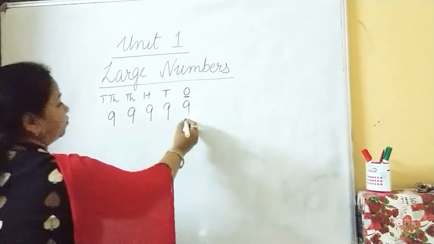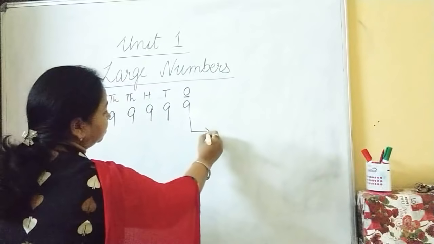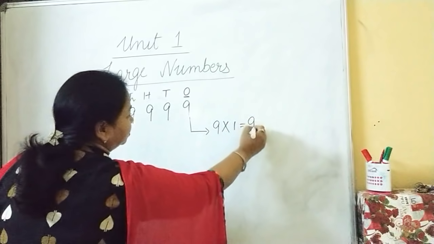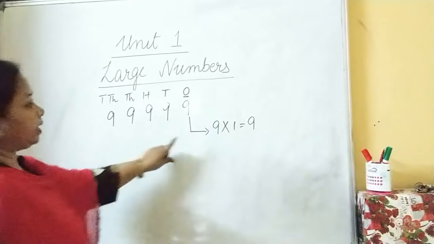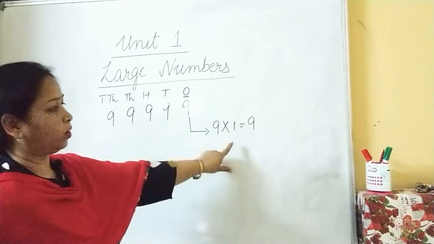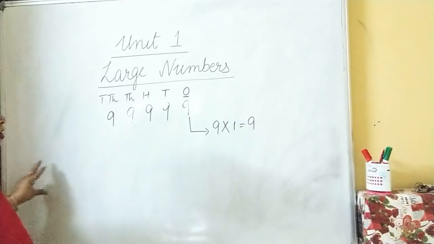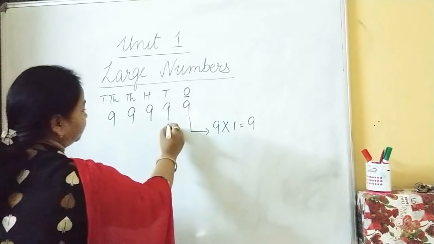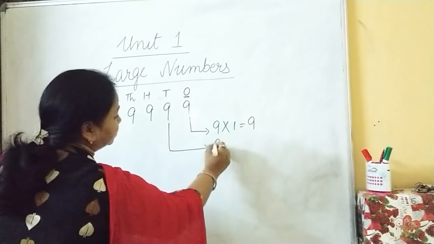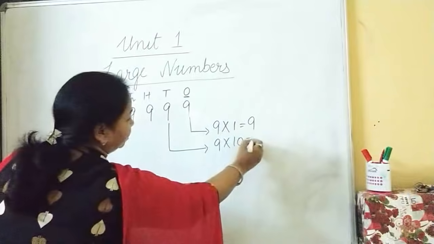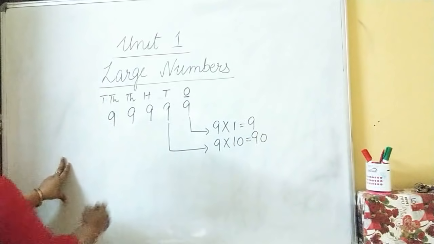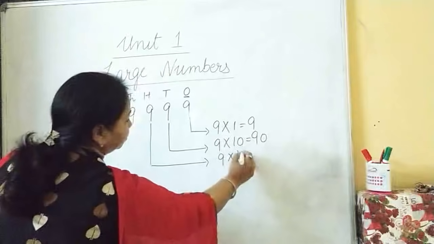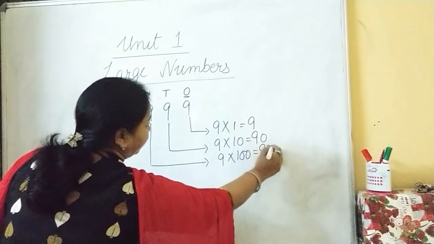So the value of 9 at the ones place will be 9 multiplied by 1, it is 9. As you know, any number when multiplied by 1 results in the number itself. So 9 at the ones place results in the value 9. 9 at the tens place will give us the value of 90. 9 at the hundreds place will be, yes, 900.